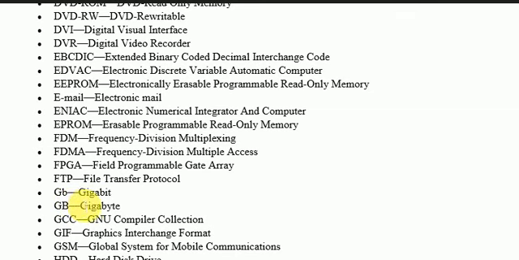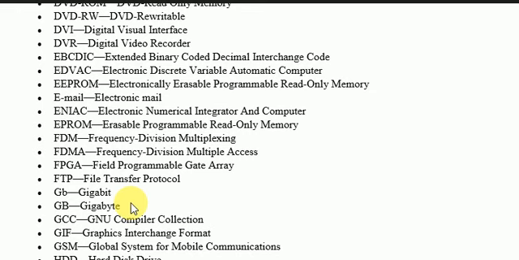Then Gb, gigabit, and GB stands for gigabyte. Now these two terms are very important. Basically these two terms are used in memory units, because memory units are also always represented in the form of bits. The minimum is bits, and larger units increase in order like bits, nibble, kilobyte, megabyte, gigabyte.